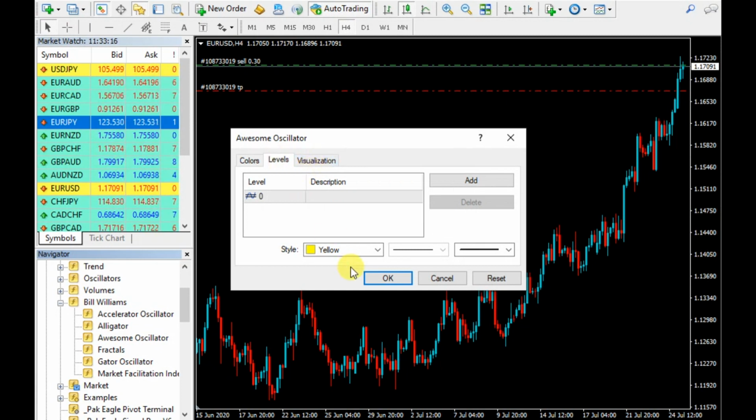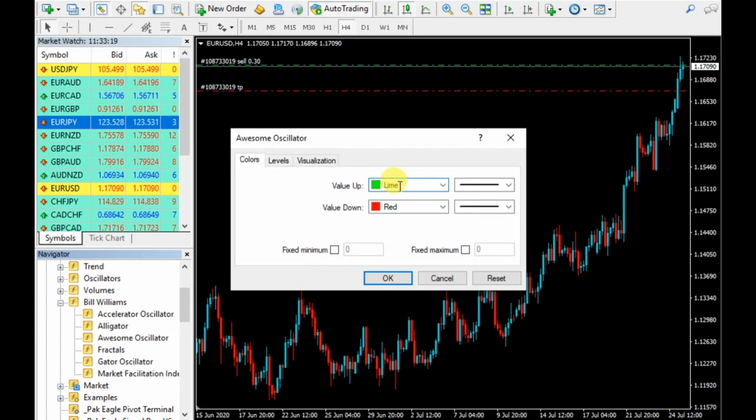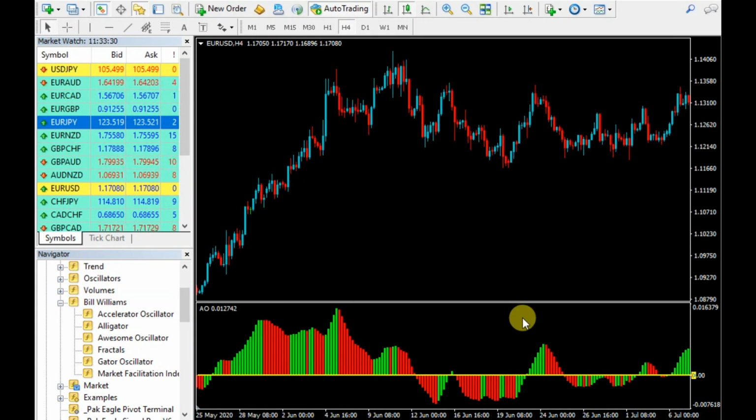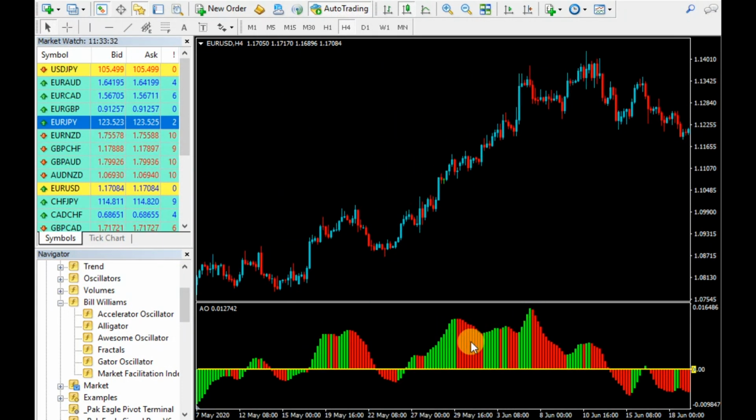levels, yellow, thick lines, visualization, colors, value up line, value down is red. So we're gonna click on OK, and here the indicator comes. So guys, we can see big and small mountains, green and red, going upwards, going downwards.